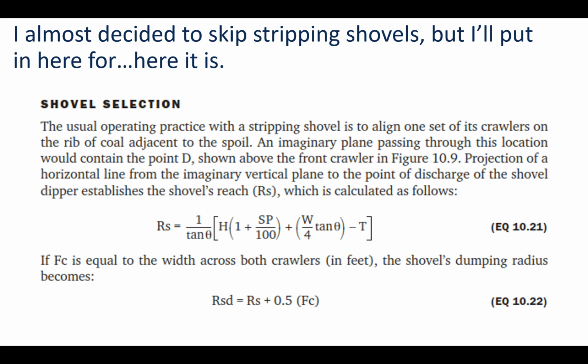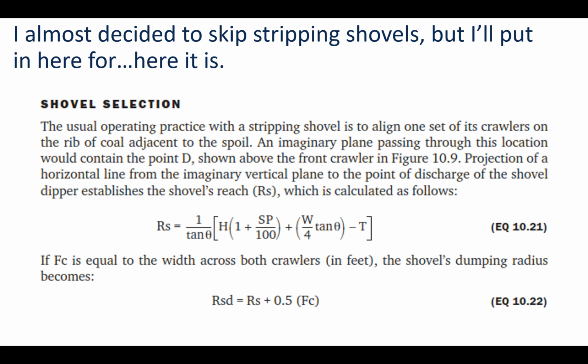So once again, we have the same sort of calculation, right, for the shovel. And here we calculate the R sub S, so the shovel's reach, and that's calculated using some angles again, the swell factor, and T as well.